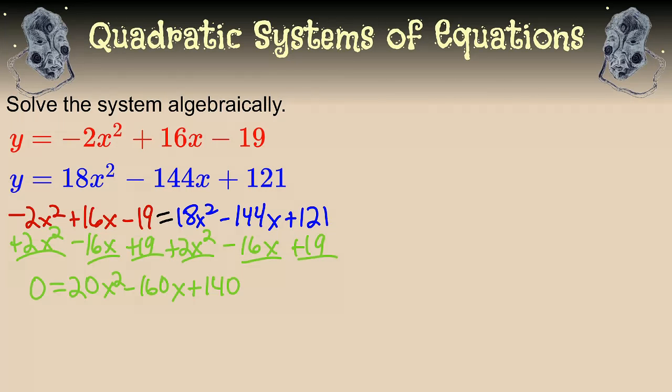Yeah, great. They are also divisible by 10, but we want to take the greatest factor. And so we're going to factor out the 20. So we have 0 is equal to 20 times the quantity. When we divide this by 20, we just get x squared. When we divide this by 20, we get negative 8x. When we divide this by 20, we get positive 7.